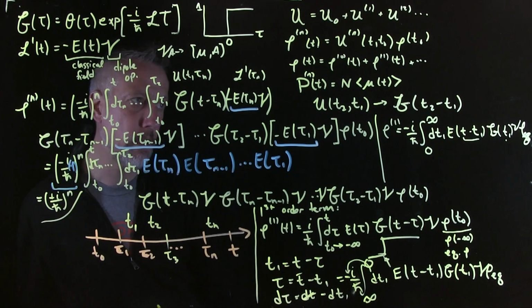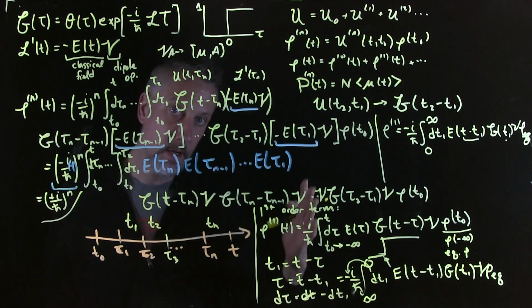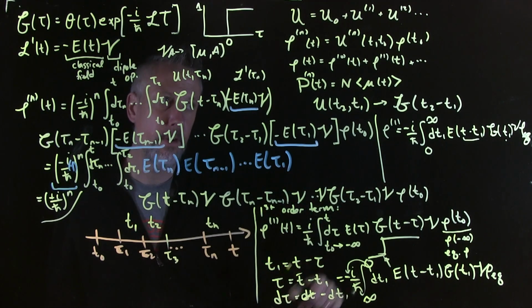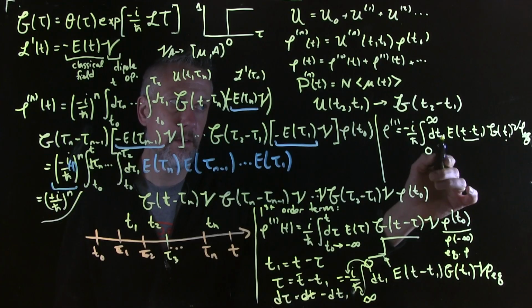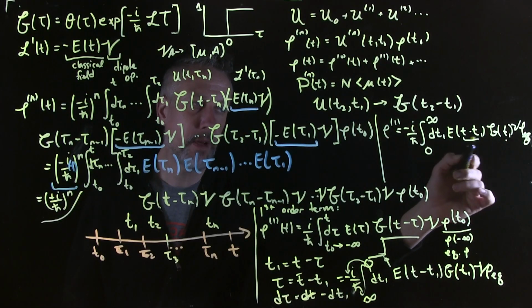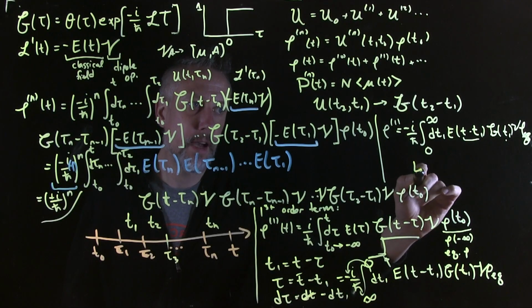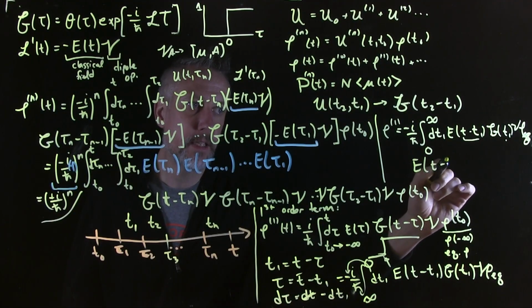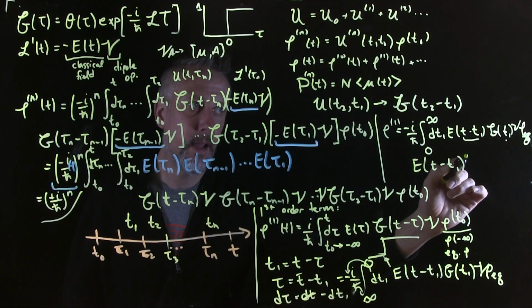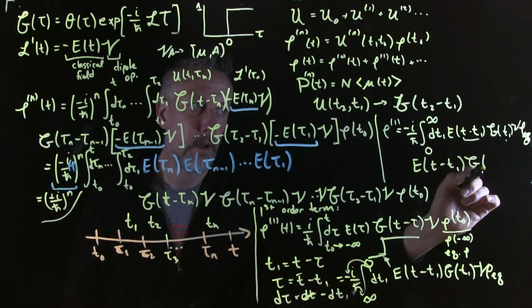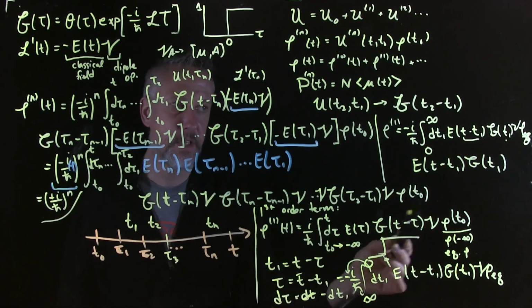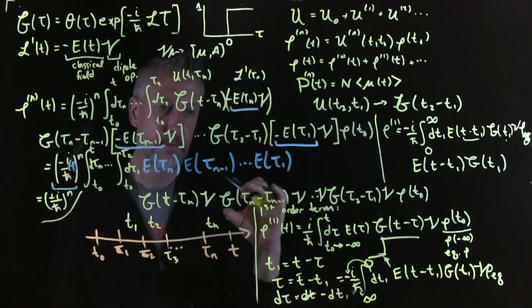I want to say something real quick here. Something that's kind of come up, but I want you to see it now so you're ready for it. Notice there's an interesting pattern here, which is that we have E of t minus t1, and G of t1. Remember, t1 is the time interval.